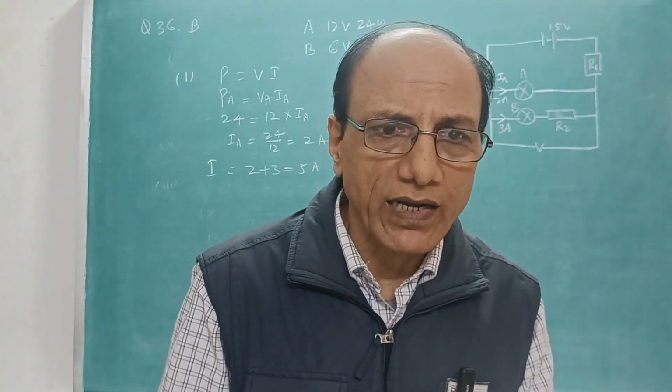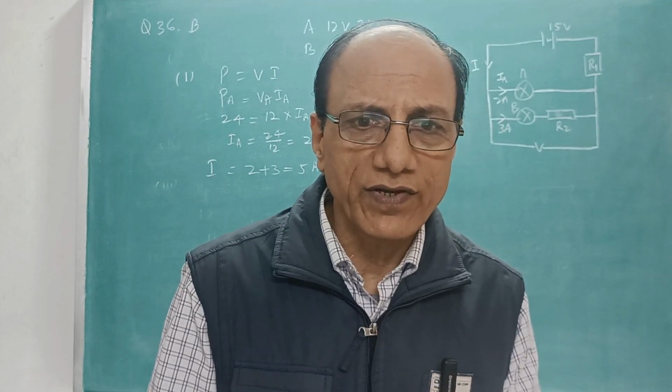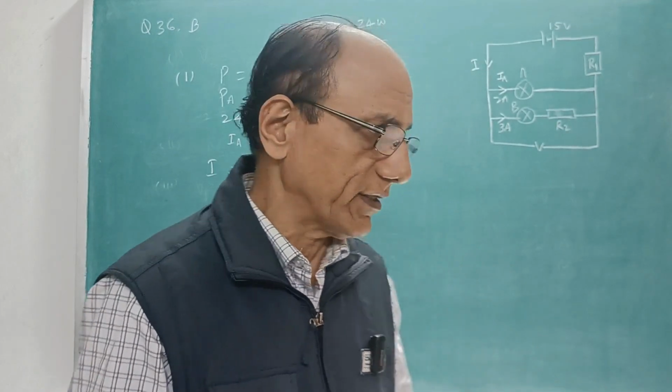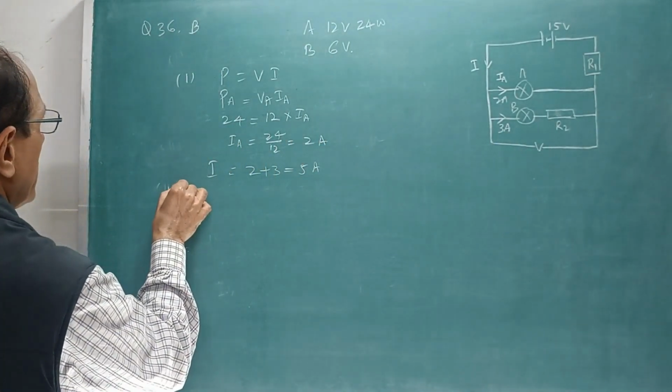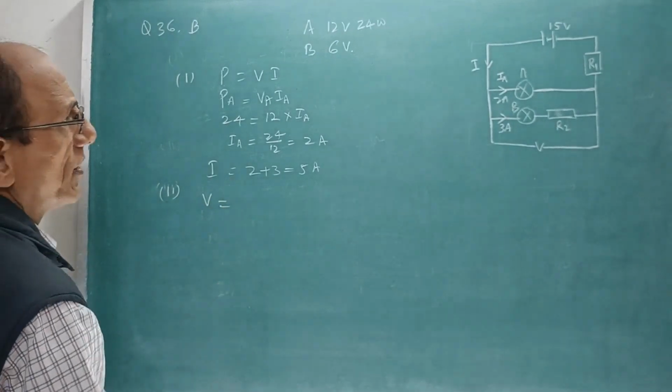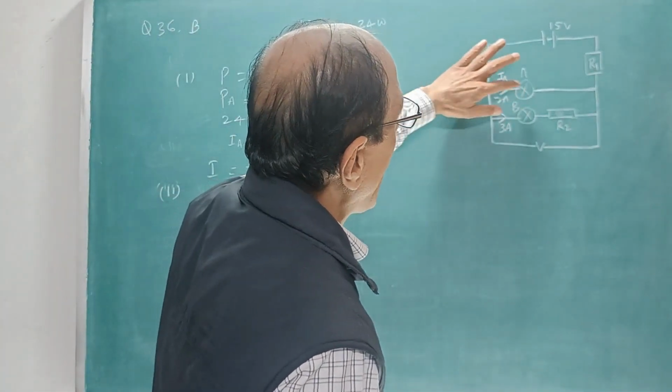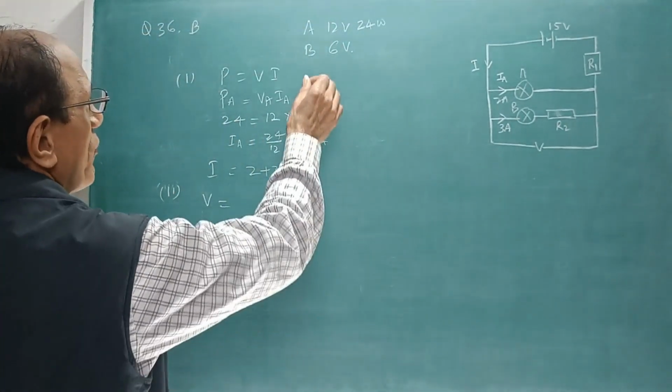And the second part is state and give reason for the reading of the voltmeter. So here this voltmeter's reading V will be equal to IR. And what will be the IR?